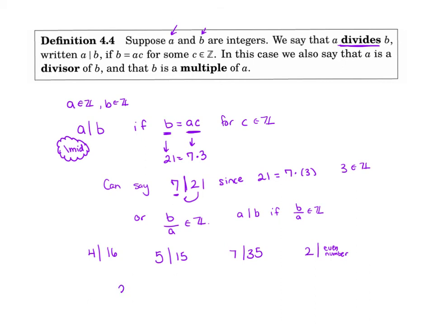But I would say 3 does not divide 16, since 16 is not evenly divisible by 3. So this is my does not divide symbol. And again, if you want to TeX that, you can do backslash nmid for that not mid.